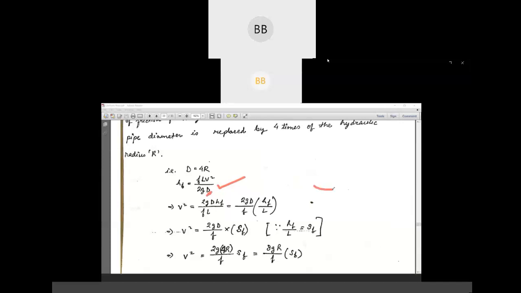These things are not much important. This is important. The derivation is not in your syllabus, but for your reference, you can write it down. So basically, we are going to derive an expression for v square, that is your velocity.